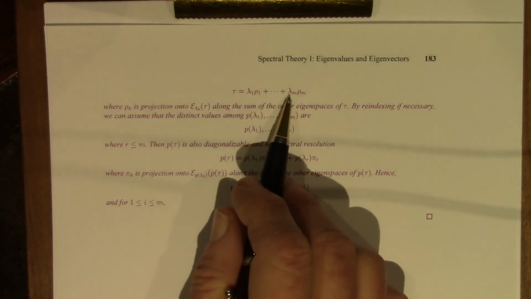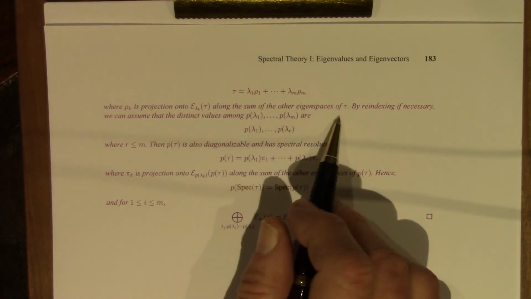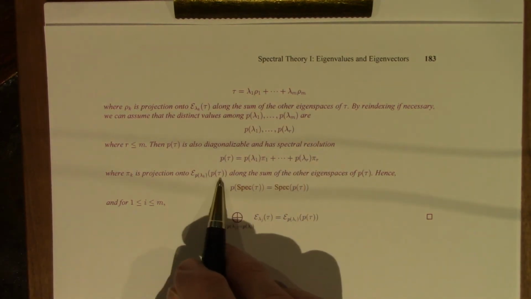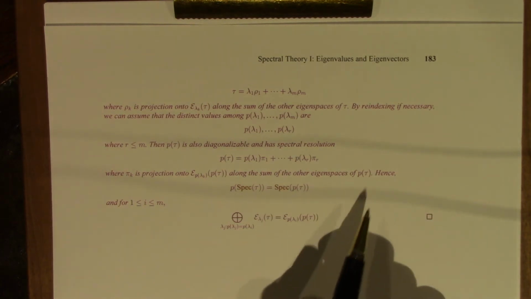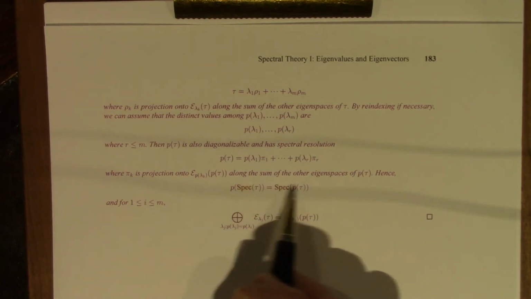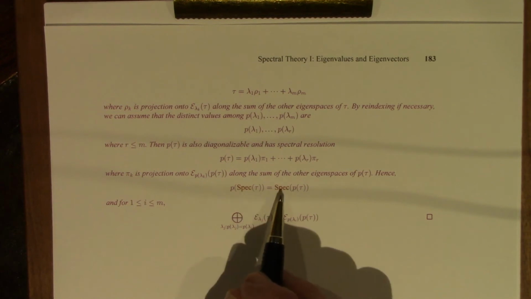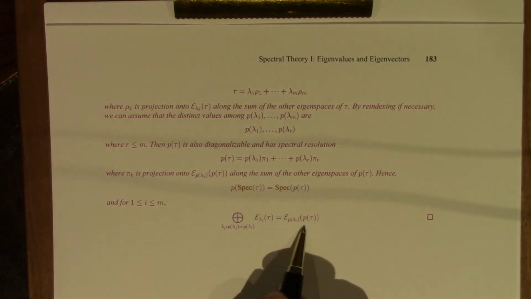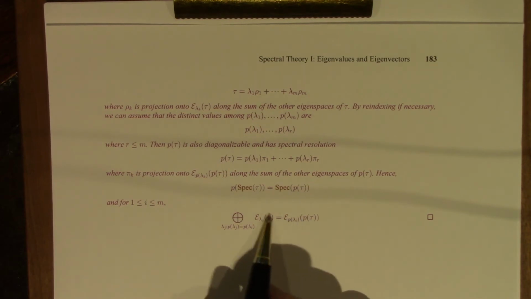I can't use rho because they're projections onto eigenspaces of tau. I need projections onto eigenspaces of p of tau. So p of the spectrum of tau is equal to the spectrum of p of tau, and we have this sum here over the equivalence classes.